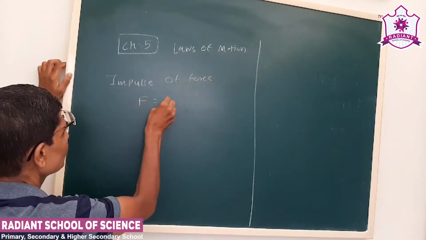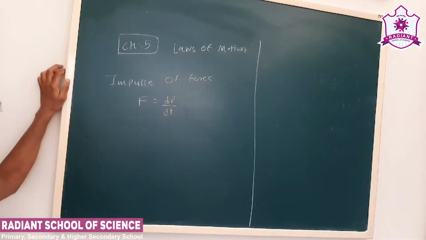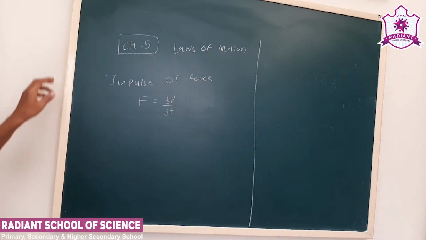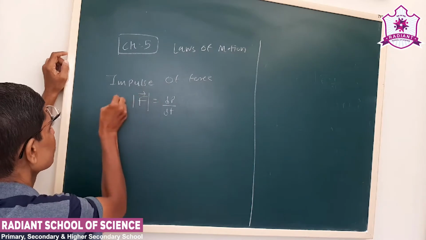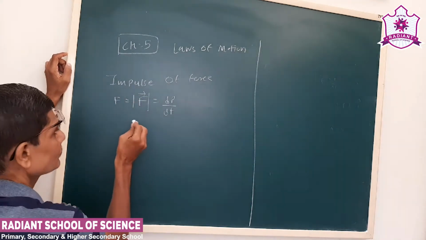Now we have seen F is equal to dP by dt. Right now I talk only about the magnitude part. So F dt is equal to dP.